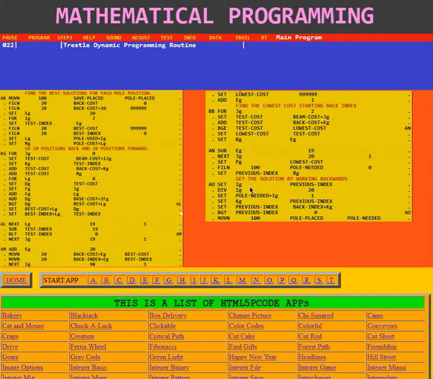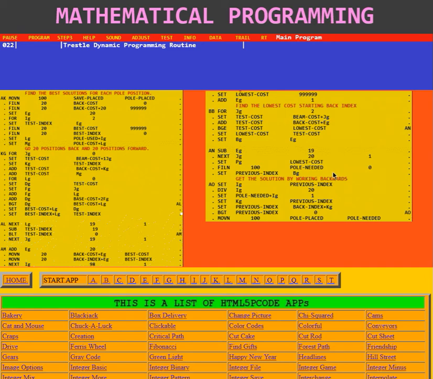Then it says I'm going to set IG to that previous index. Then I'm going to divide IG by 20. Remember, there are 20 for each pole position. So it divides it by 20 to find out which pole position it's looking at. And then it says, well, then pole needed at that IG value, that IG offset is a 1.